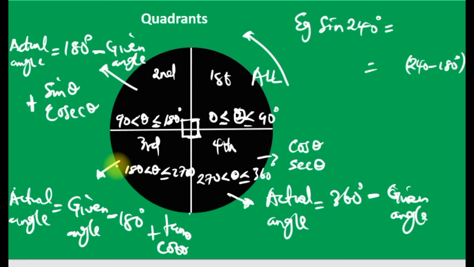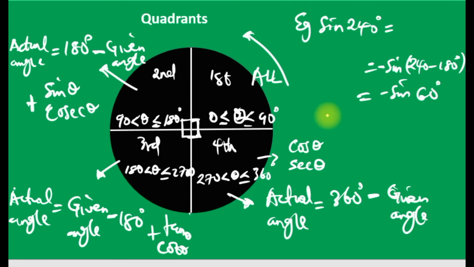Again, is sine positive in the third quadrant? No, it's only tan and its reciprocal. So it is now minus sine. So sine 240 is the same thing as minus sine of 240 minus 180, and 240 minus 180 is 60. So sine 240 is the same thing as minus sine 60.